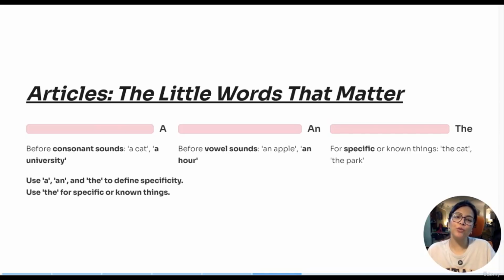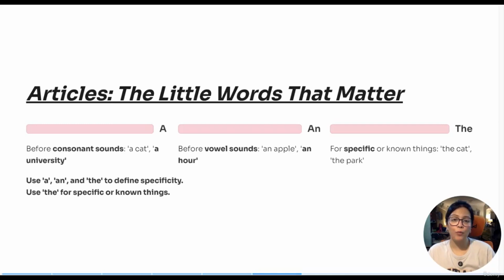Now let's look at an. An is always used before a vowel sound. Again, not just a vowel, but a vowel sound. Like an apple. An apple. Now look at the second example. It says an hour. Kindly note the pronunciation is not 'R', but 'our'.